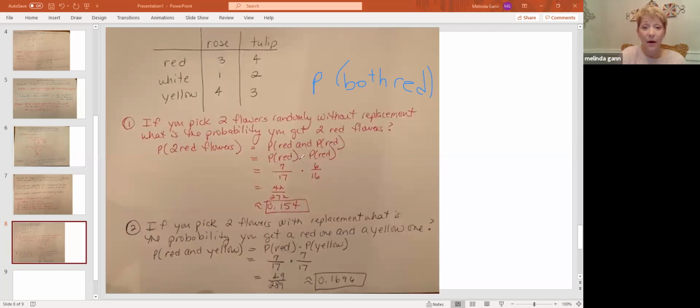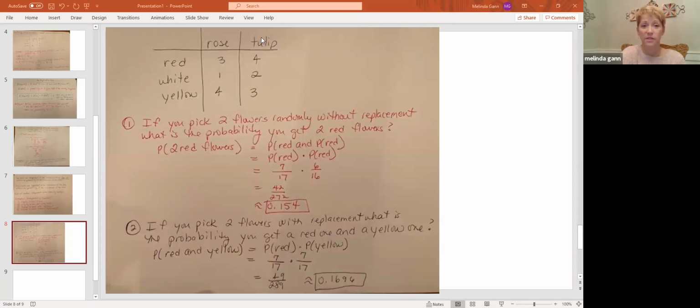Now, again, I've got to ask myself, is that possible? If they let me pick two flowers, can I get two red flowers? Well, since there are 7 red flowers, the answer would be yes. Let me go up here so you can see the problem a little bit better.